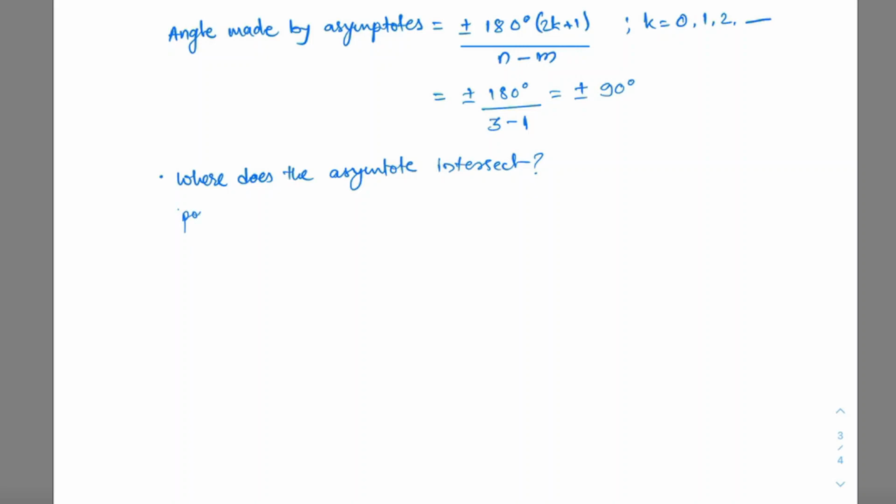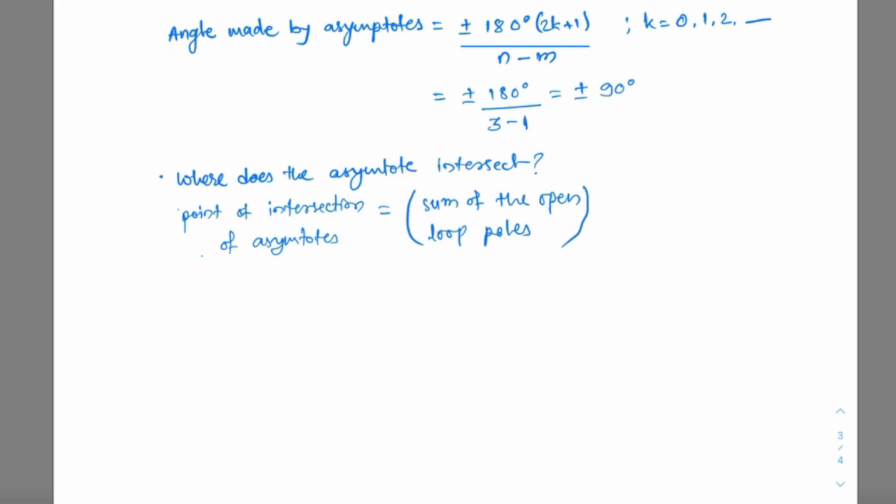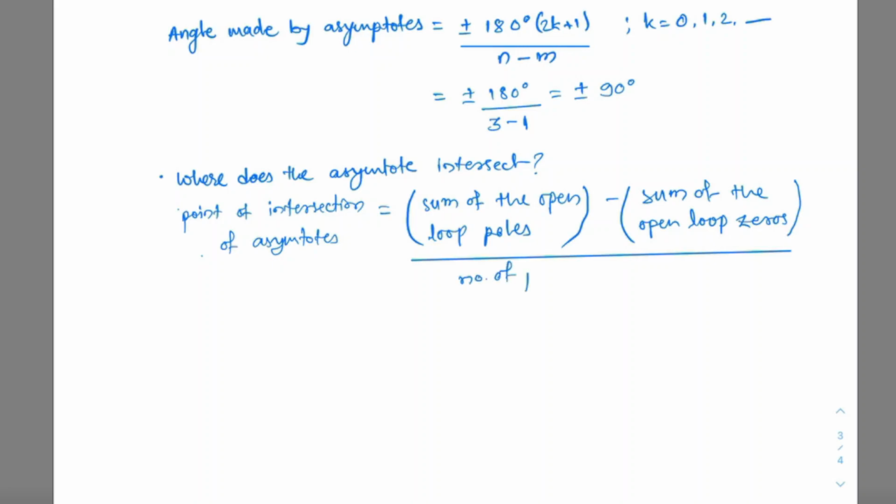This point is given by this expression: sum of the open loop poles minus sum of the open loop zeros, divided by number of poles minus number of zeros.